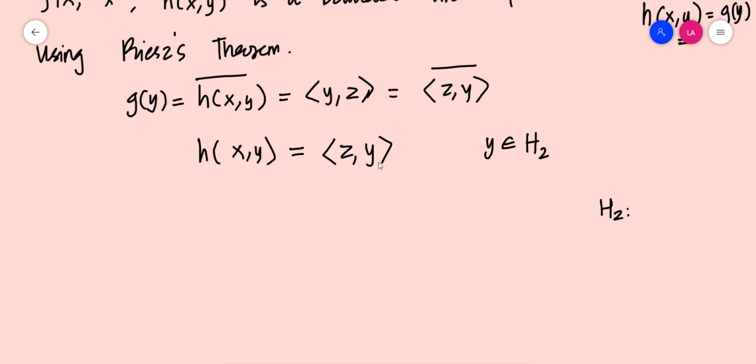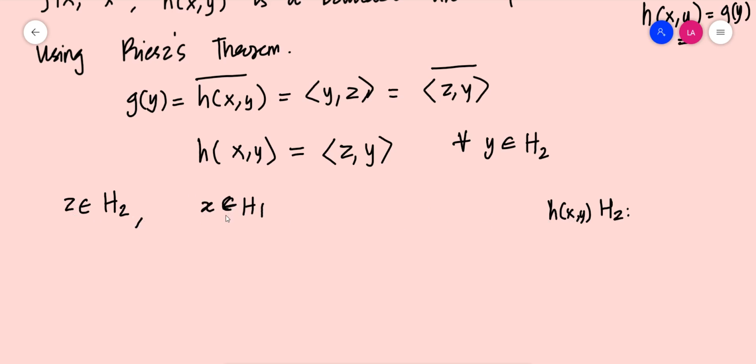Okay, so this h for a fixed x is a bounded linear functional from H2 to some K, and it can be represented as inner product z, y for all y, and z is an element of H2 because we are operating on H2, because the first component is in H1 which is being kept fixed, which is not changing. So this z is actually in H2, which corresponds to some fixed x element of H1.